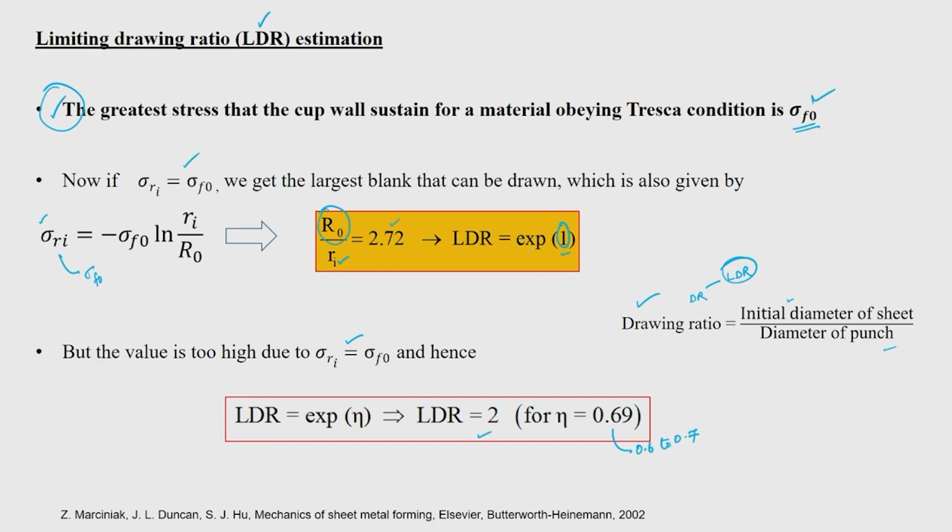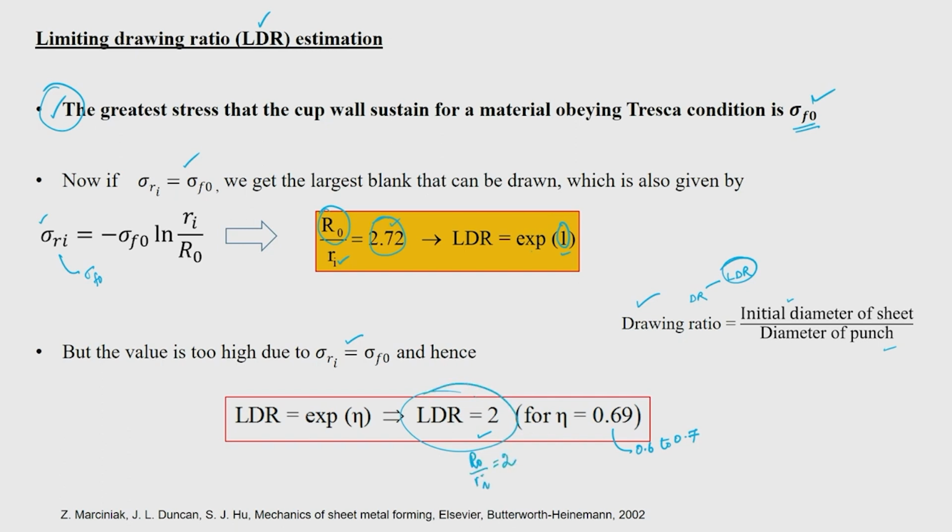That means, instead of exponential 1, you take exponential 0.69 or 0.7 or 0.6, it will give you a value lesser than 2.72. Why? Because 2.72 is an extreme case. So, if you pick an eta value of 0.69, you will get an LDR of 2, which means that R naught by Ri would be equal to 2.